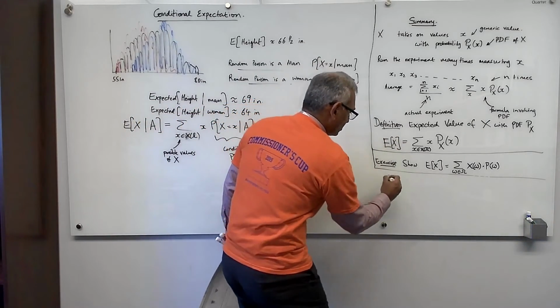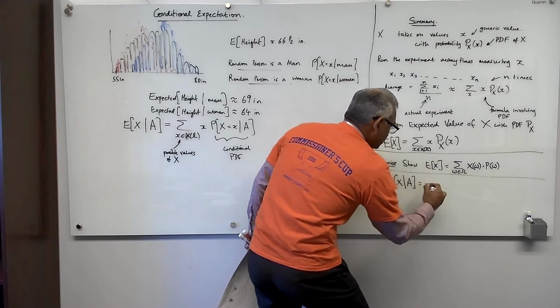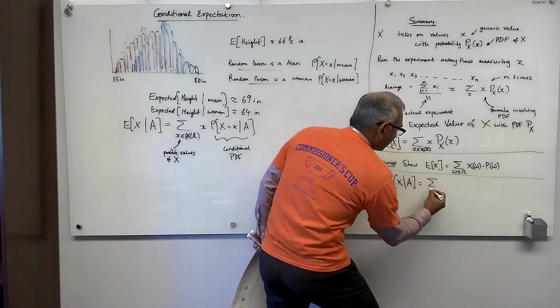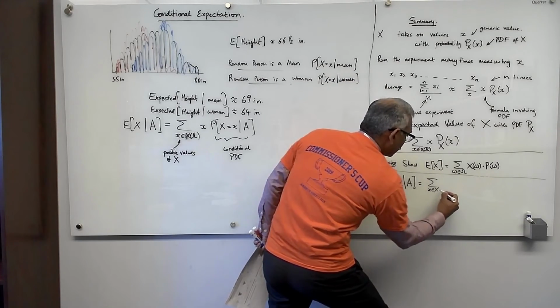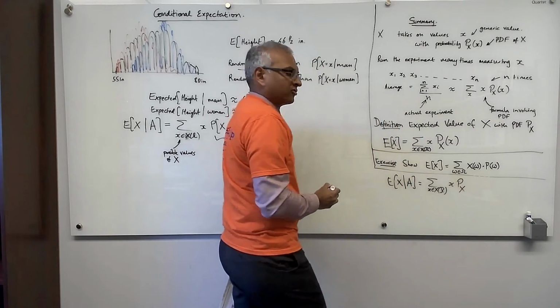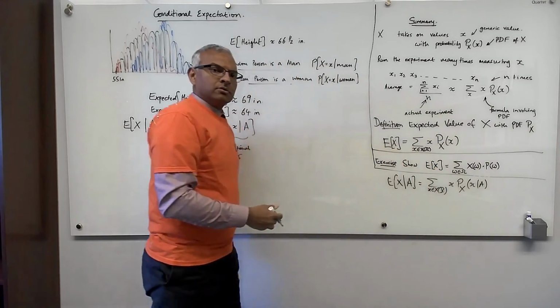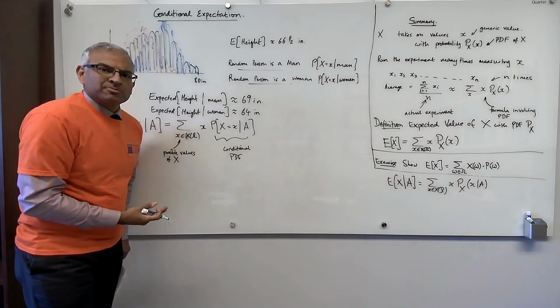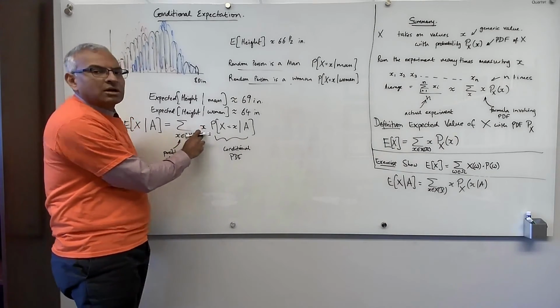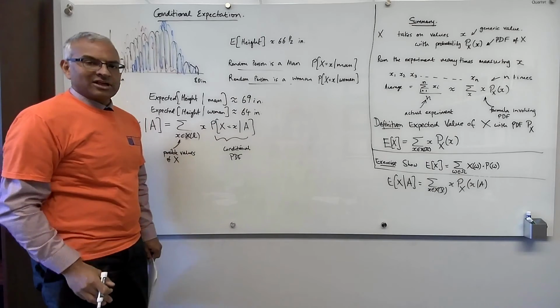I'll summarize that here. The expected value of X given A is equal to the sum over the possible values x in X of omega of x times the probability distribution function for X given A. So you compute conditional probabilities, weight the possible outcomes by conditional probabilities, and then sum, and you get the expected value.